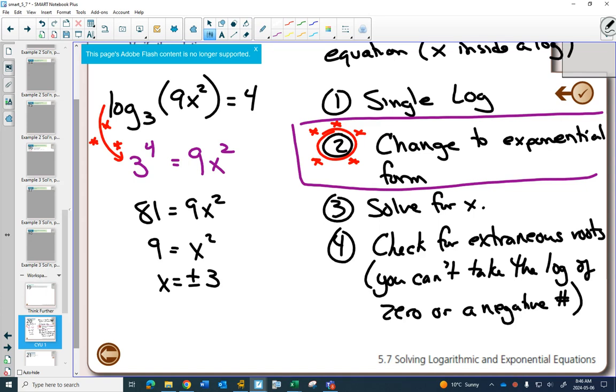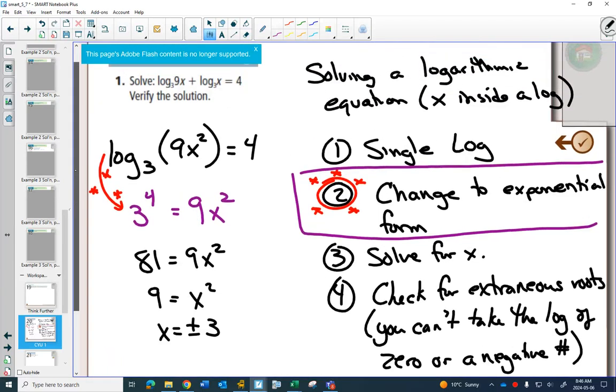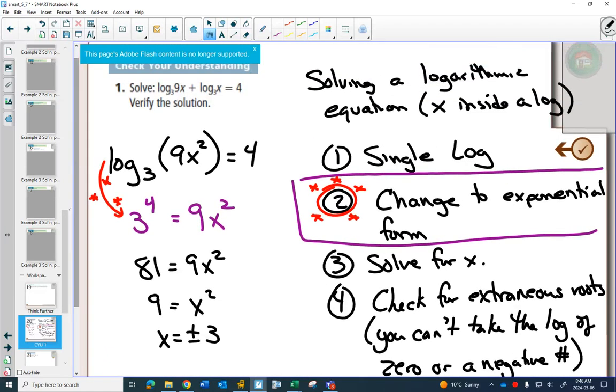Just like you can't square root negative numbers, for logarithms, you can't take the logarithm of a negative number, and you can't take the logarithm of 0. So when we go to our answers, which are plus 3 and minus 3, we have to go back to our original equation, and we have to verify.